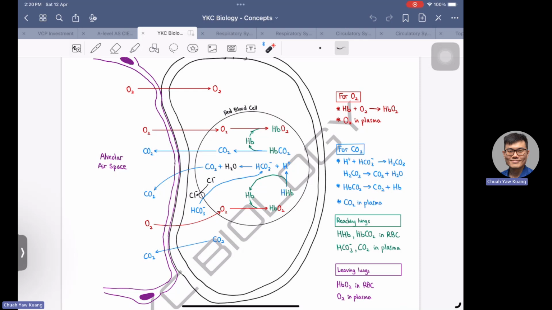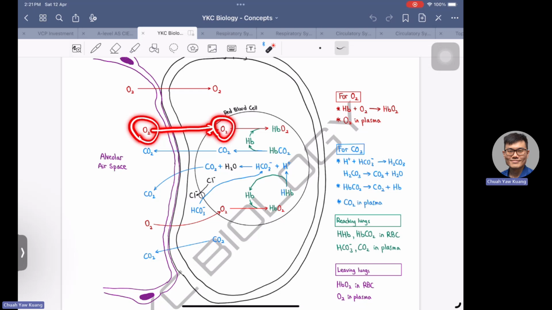On the other hand, the oxygen will be loaded into the blood in two pathways. The first pathway is the major and most important pathway, where the oxygen will bind to the hemoglobin to form the oxyhemoglobin. When the blood reaches the lung, the high concentration of the oxygen gas is going to cause it to diffuse down the concentration gradient into the blood.